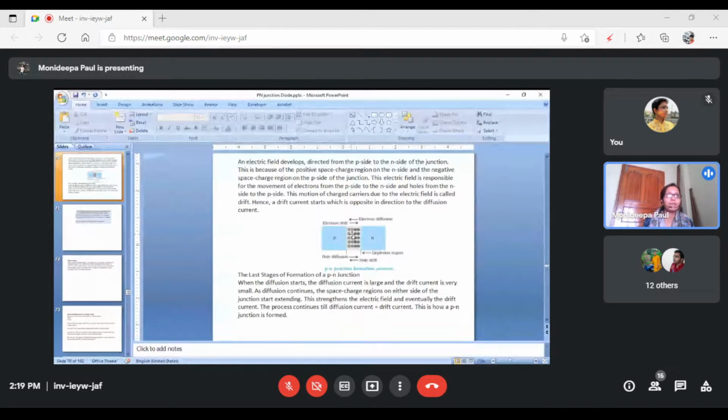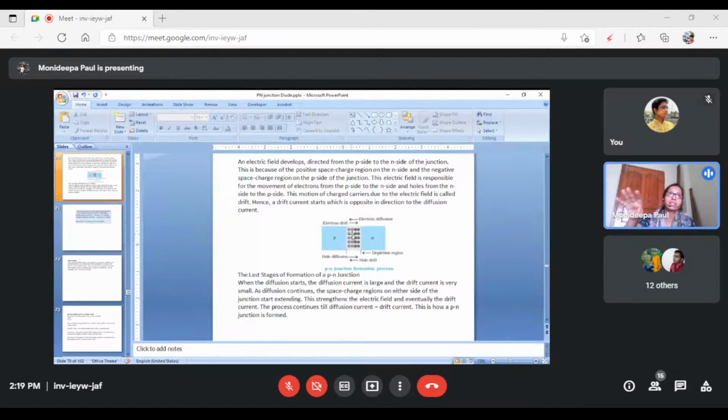But when diffusion current is greater than drift current, more and more positive and negative charges accumulate near the junction point. If the number of ions accumulated at the junction point is increased, the potential difference also increases. If the potential difference increases, then what happens? This potential difference forces the negatively charged ions towards the n side.